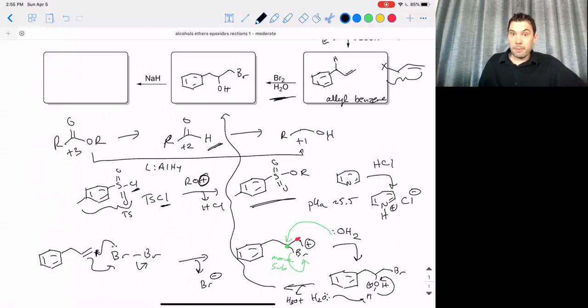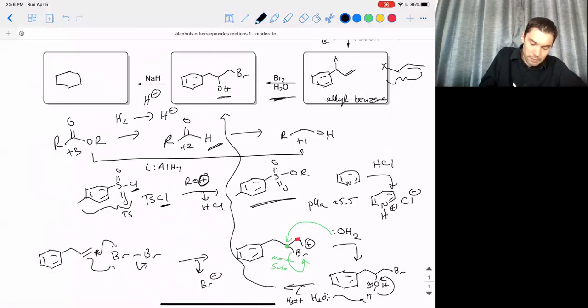Okay, the last step of the sequence is sodium hydride, and sodium hydride is a very strong base in the form of H minus. Hydrogen gas has a pKa going to hydride of about 35, and so it's a very powerful base, plenty strong enough to deprotonate the alcohol in our starting material, and then that is going to undergo an intramolecular SN2 reaction to close this down and make an epoxide.